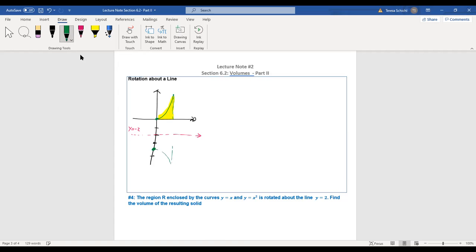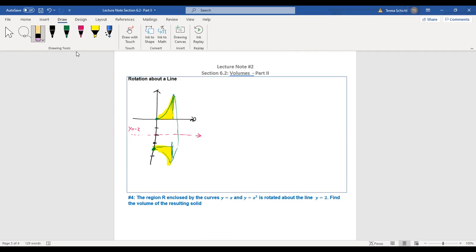This is the picture after rotating, and I'm still looking at the solid formed by the green area and the yellow area. If you draw little circles here, it can help you visualize the rotating part.